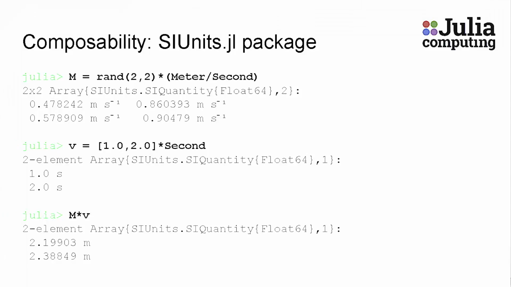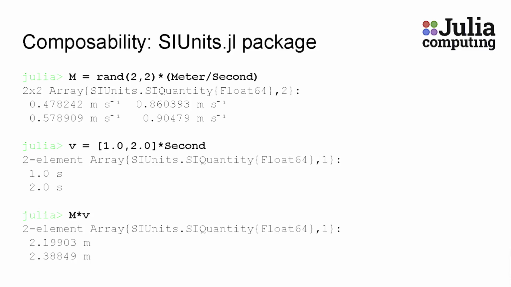So here's an example of how this composability works out. The standard library has typical matrix and vector operations, but somebody made a package that defines unit quantities. So you can actually tag values as being of some SI unit. I can make a random 2 by 2 matrix and just multiply it by meters per second, and I get a meters per second matrix.